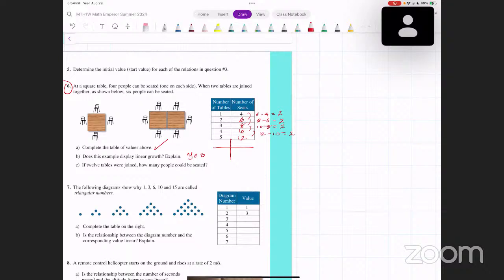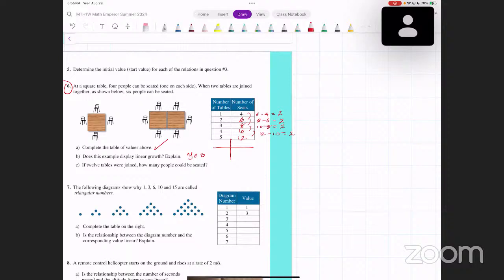How do you get 26? You did 12 times 2 plus 2. Why did you do that?